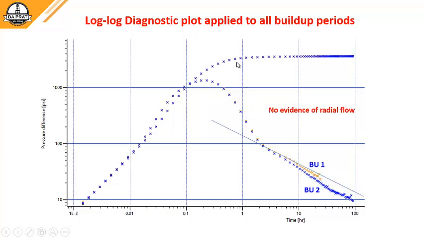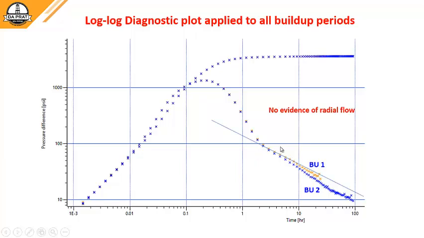Now what we're going to do is apply the log-log diagnostic plot to all the build-up periods, in this case two, and we realize there is no evidence of radial flow. This is the end of the change in well storage, so radial flow should be expected. According to the classical log and a half rule, you should expect radial flow around here.